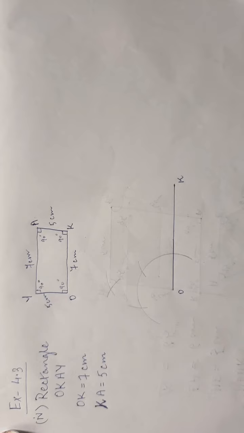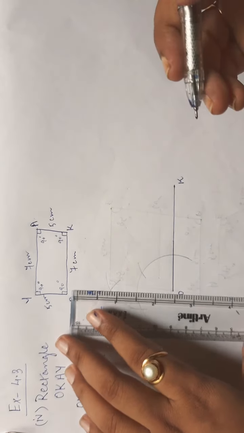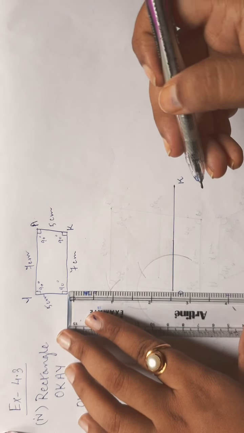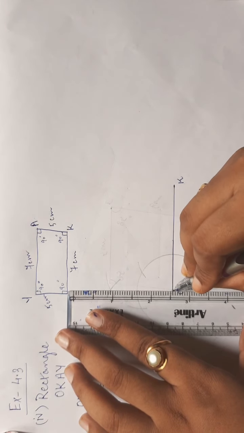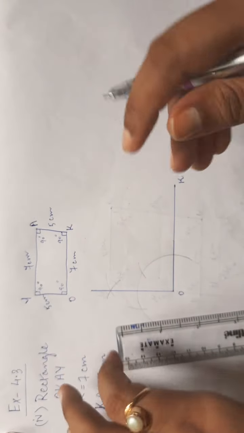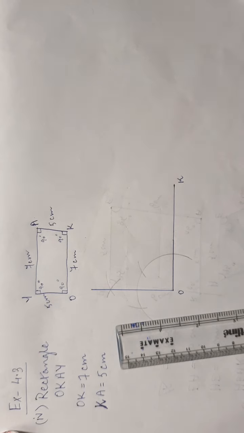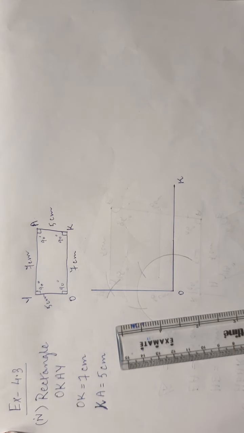Like that it goes. Now let us join. Children, I am using a pen just to make it prominent, as it is a video. This side 90-degree is done.